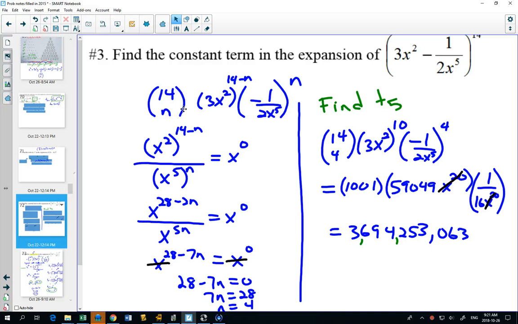I had forgotten that 14 choose 4 was 1001. That's a pretty looking number. No, it's commas. These are commas. Sorry. We could probably type it all in again just to make sure, but no, there's no decimals.